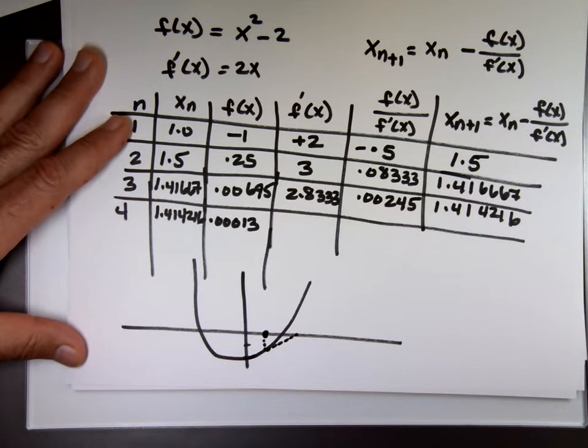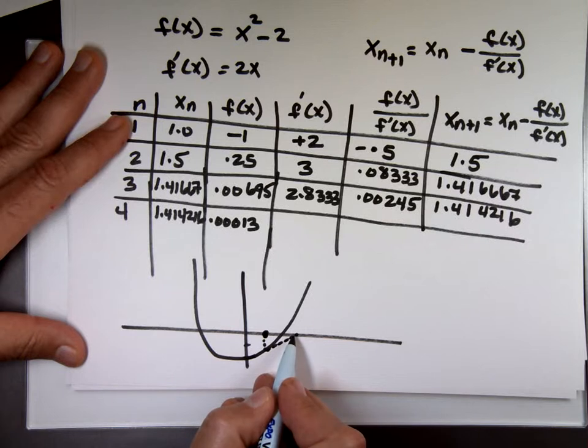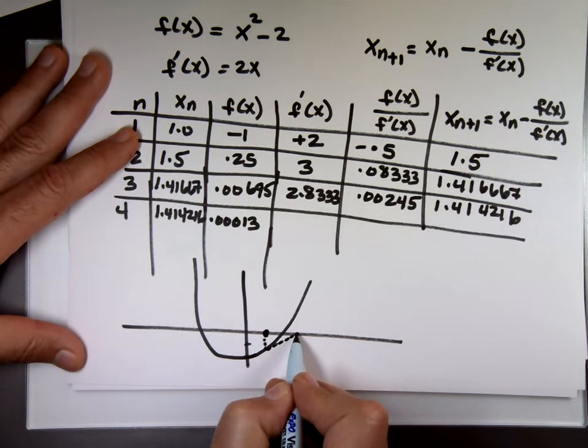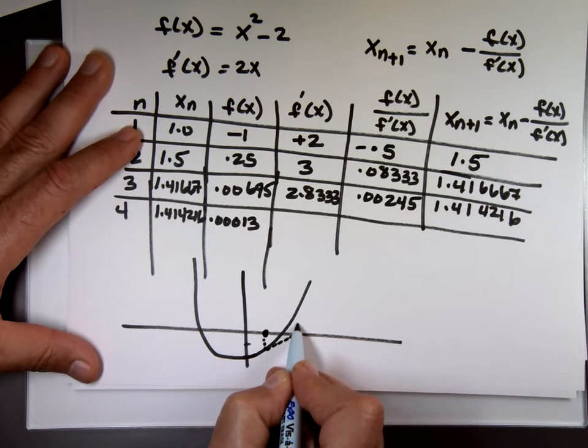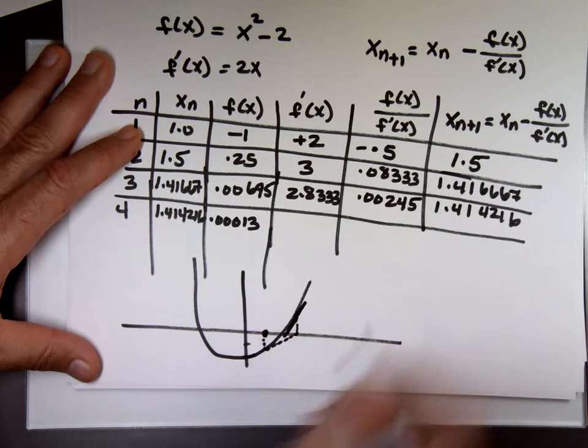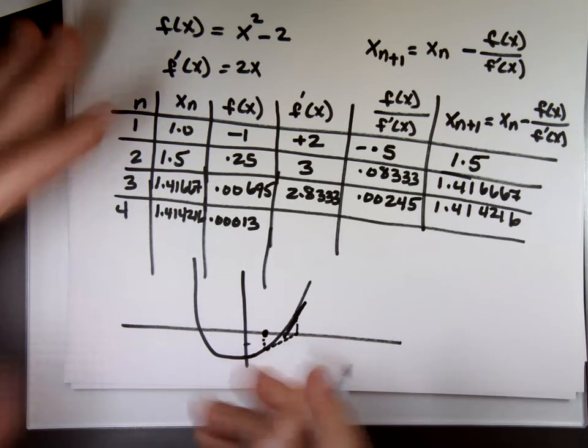If you draw a tangent line across the x-axis right there, you go, let's see if that's the solution. No, it's not. The next point is, you do the tangent line, then you go across the zero. Now let's go up there, and let's do the tangent line. And that's right here.